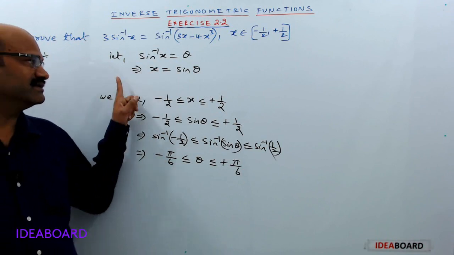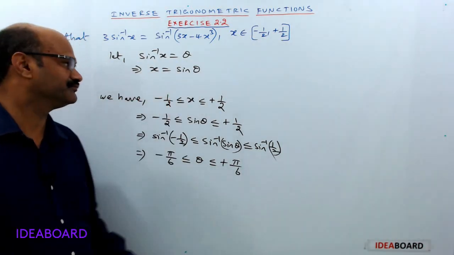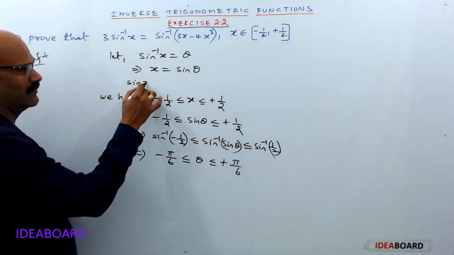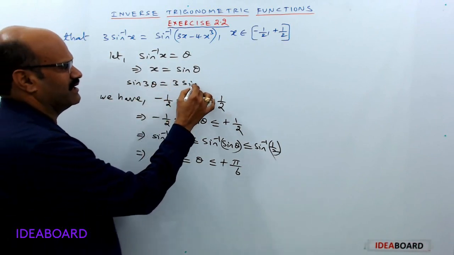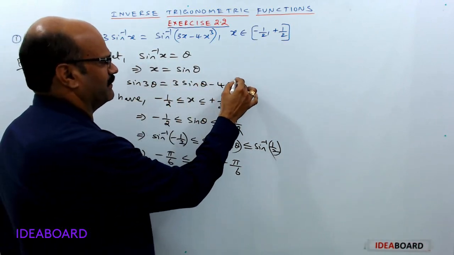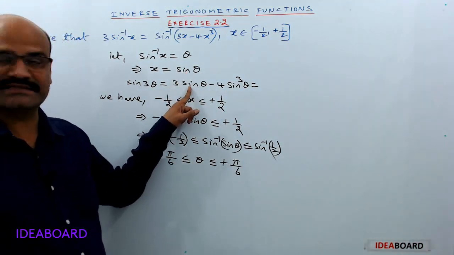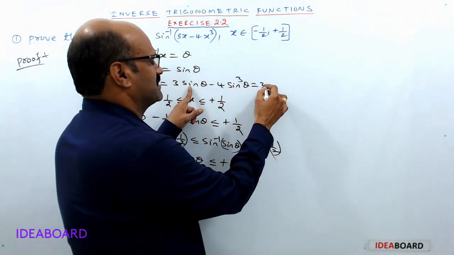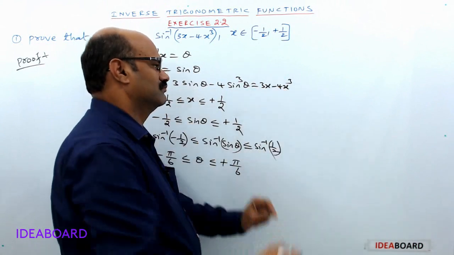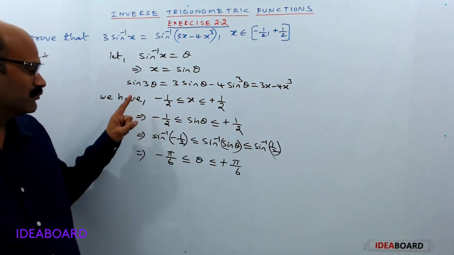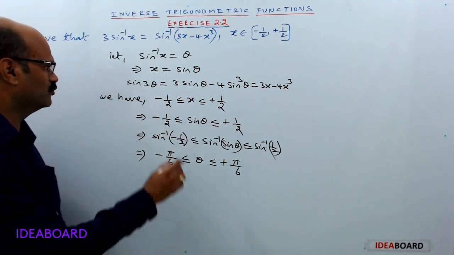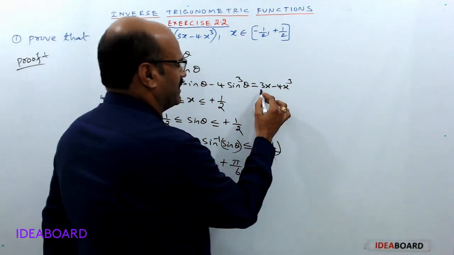We know that sin 3 theta equals 3 sin theta minus 4 sin cube theta, and sin theta equals x. So 3x minus 4x cube. Now we have sin 3 theta equal to 3x minus 4x cube.